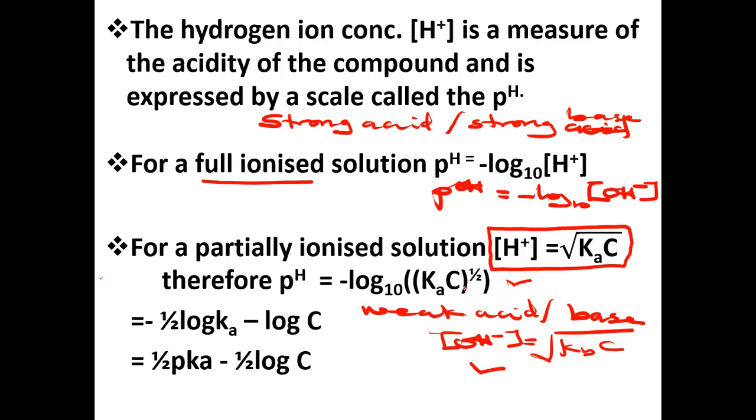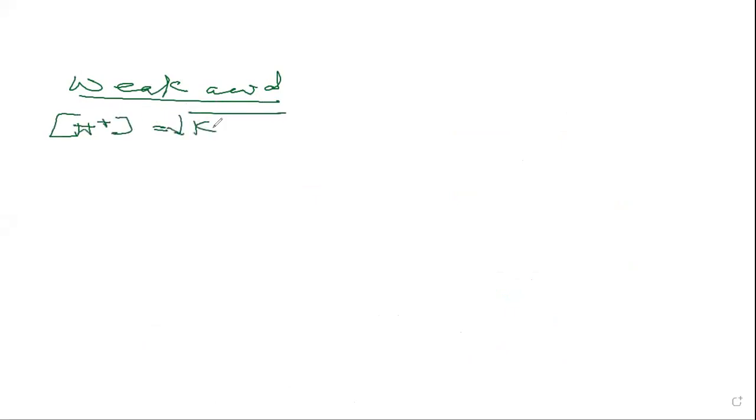Now let's base on this to derive, to understand this here. We are saying that when you have a solution of a weak acid, the H plus concentration is basically equal to the root of the acid dissociation constant multiplied by the concentration of the solution.